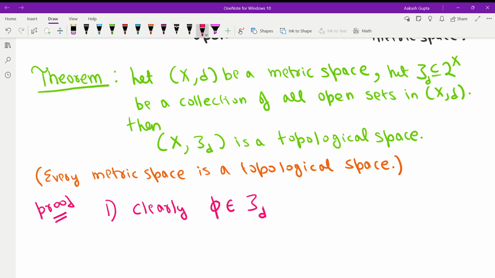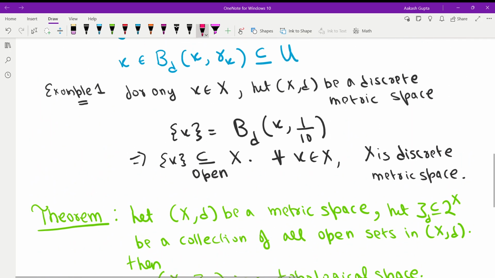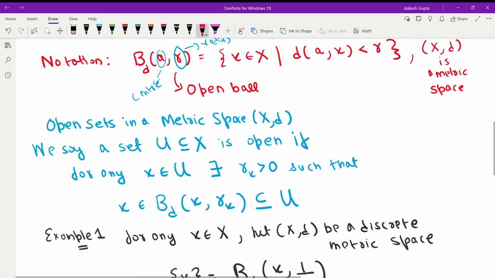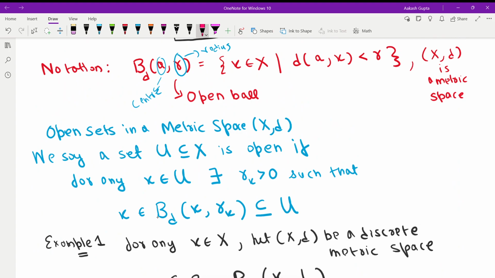Why is it clear, guys? You can ask me why I have written "clearly". It is a vacuous argument. Carefully see the definition of open sets. We say a set is open.